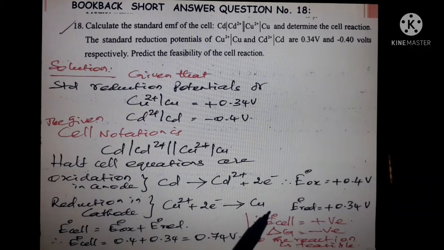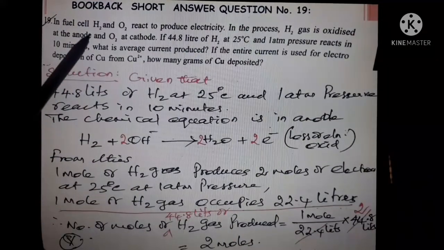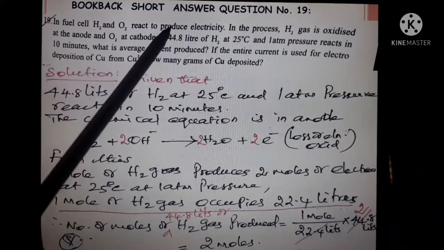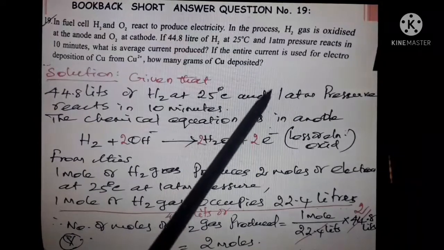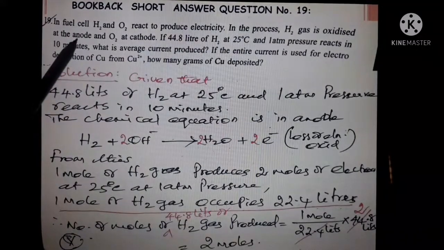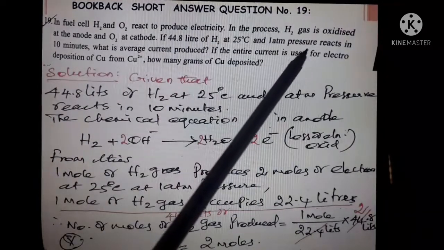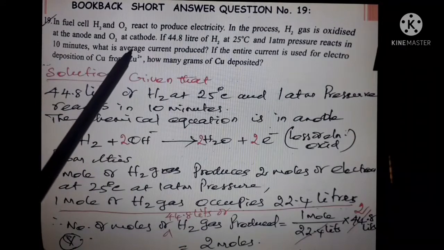Okay. Next problem, the 19th problem. In a fuel cell, hydrogen and oxygen gas react to produce electricity. Assume that in this process hydrogen gas is oxidized at the anode, and oxygen is reduced at the cathode. This is the condition.